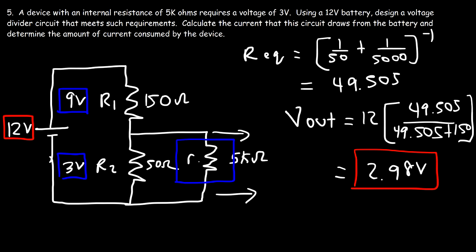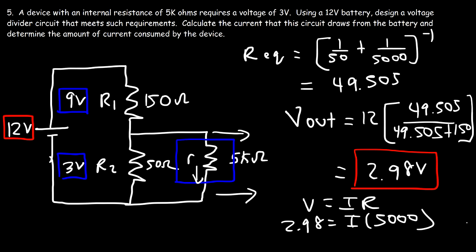So to calculate the current flowing through this resistor, we can use the equation V equals IR. So the resistance is 5,000 ohms. So 2.98 divided by 5,000, that's 5.96 times 10 to the negative 4.